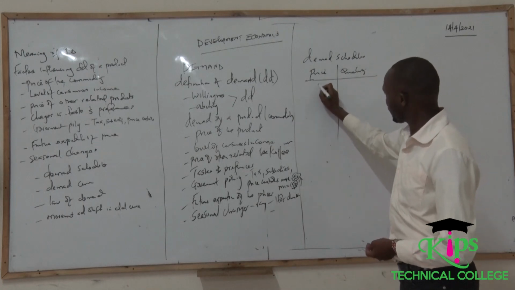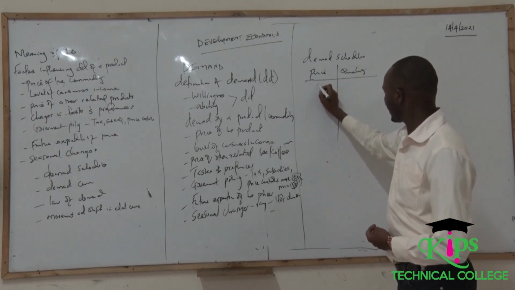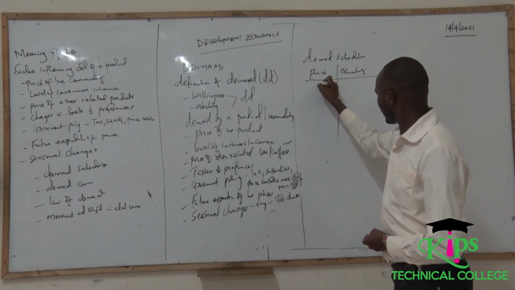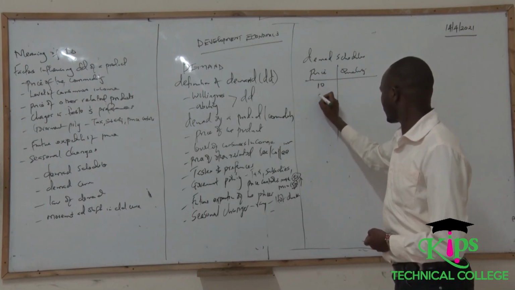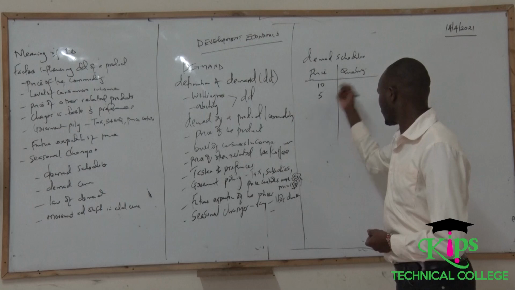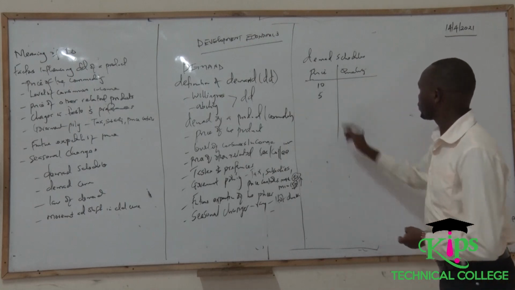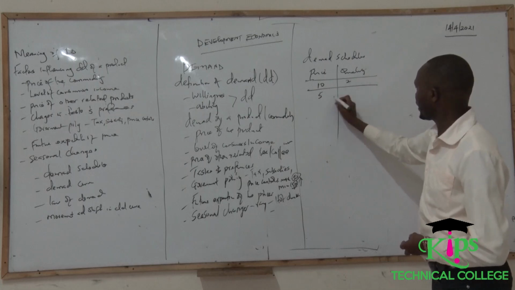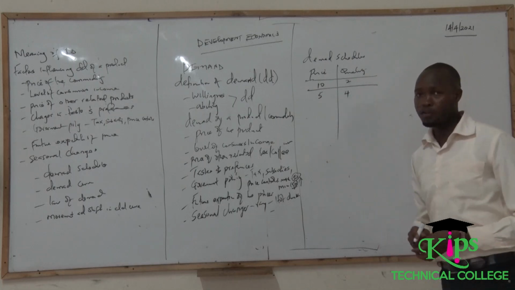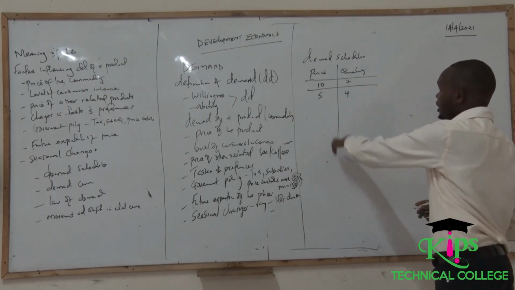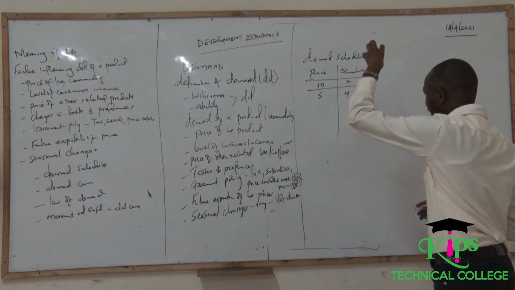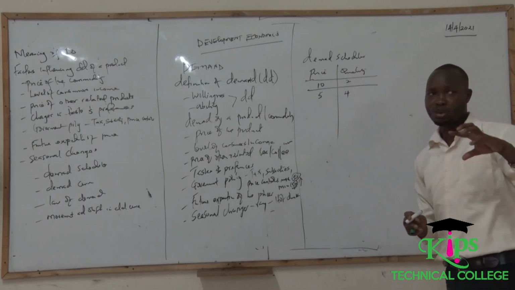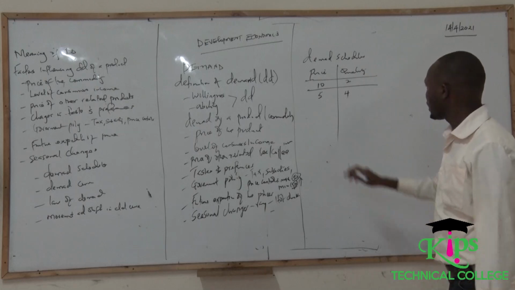In this case, if the price is, let's say, 10, 5, you can just use 2. This person is going to buy maybe 2, and this person is going to buy 4. In simple terms, the demand schedule dictates exactly what you are going to consume.